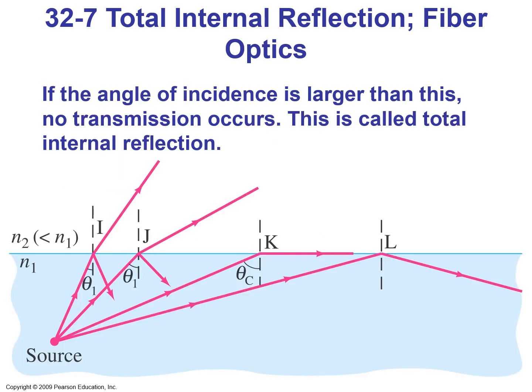If the angle of incidence is larger than this critical angle, no transmission occurs, and this is called total internal reflection, because all the light will be reflected off the interface of the two materials. At angles lower than the critical angle, the light will be refracted.